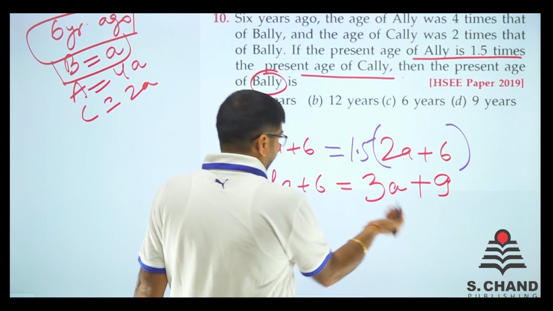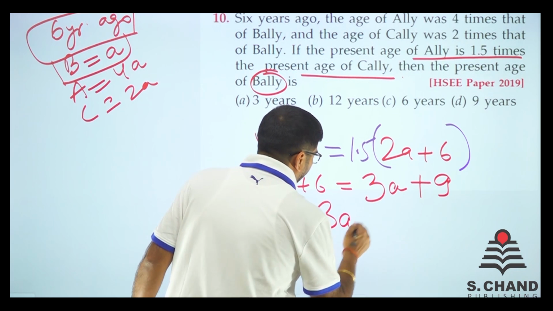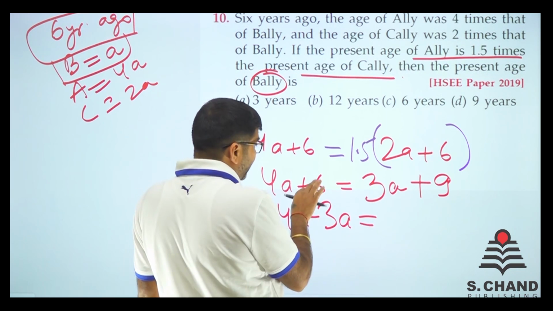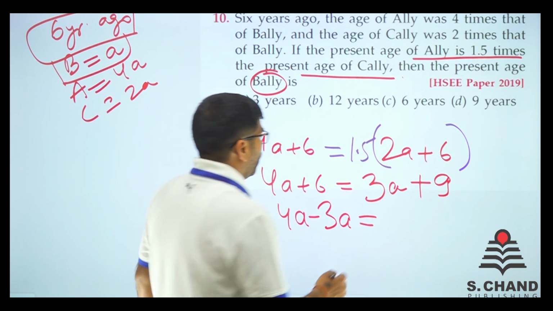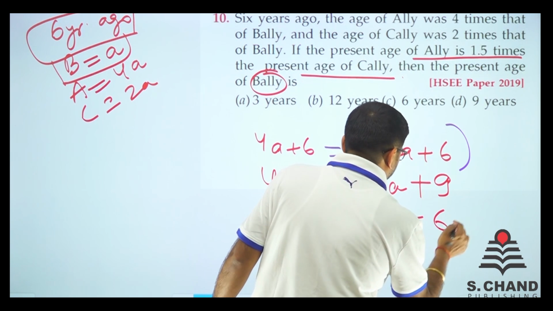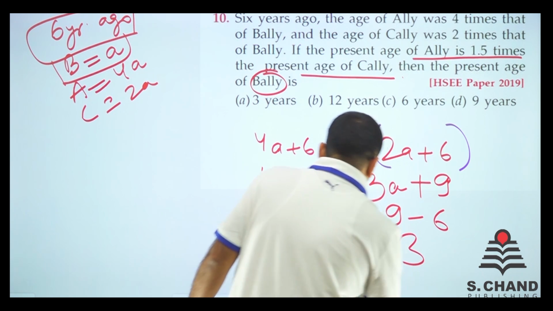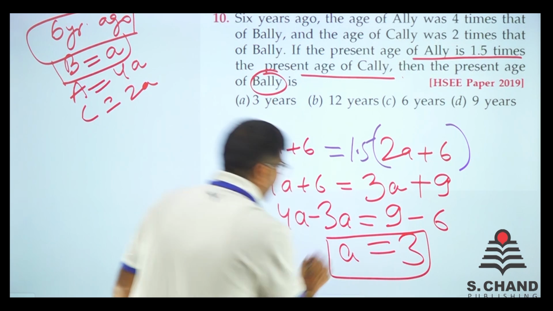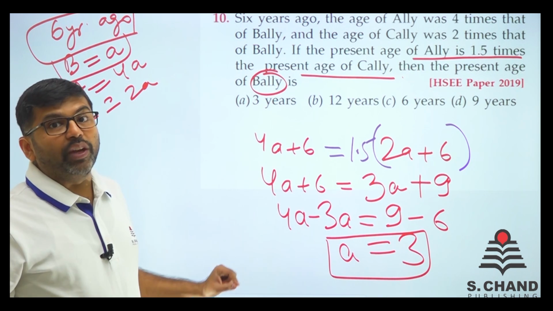So, 4A minus 3A is equal to, when 6 goes there, it becomes minus, so 9 minus 6, it becomes 3. So A's value is 3, right? The A's value is 3.